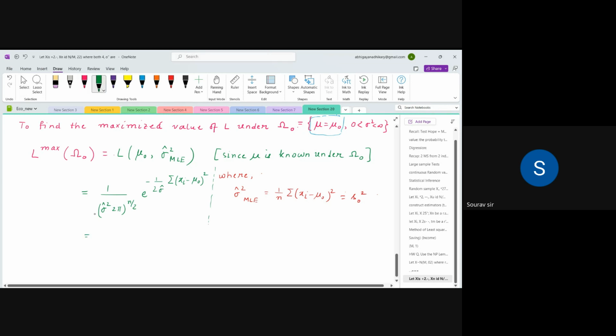So that is 1 by s naught square 2 pi to the power n by 2 e to the power minus, again it will replace, and that will become n by 2.